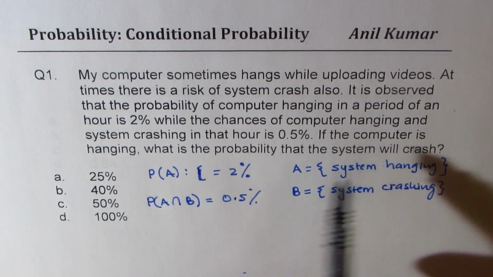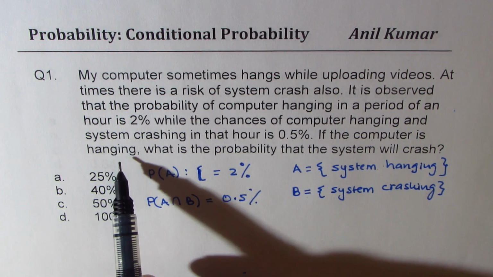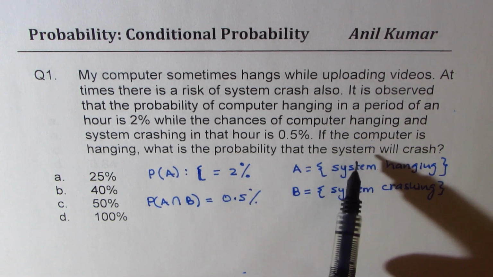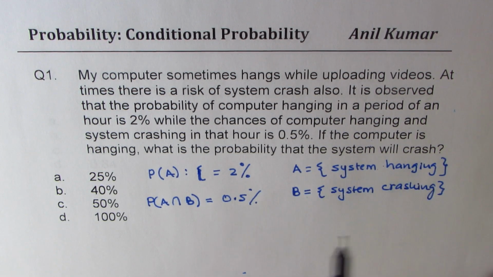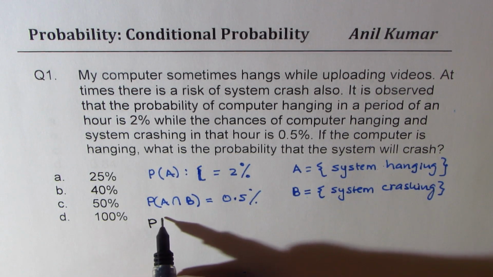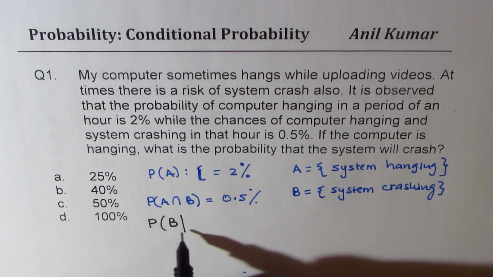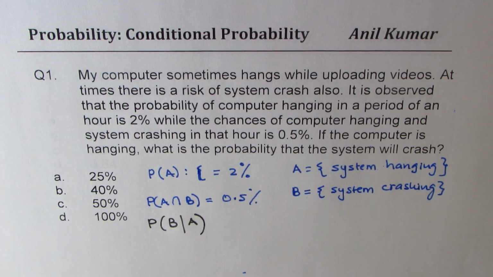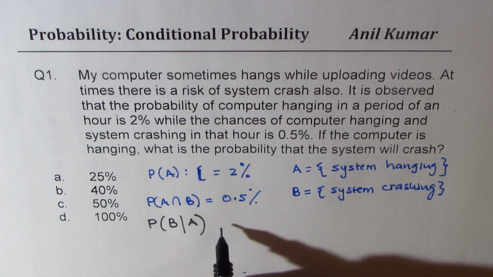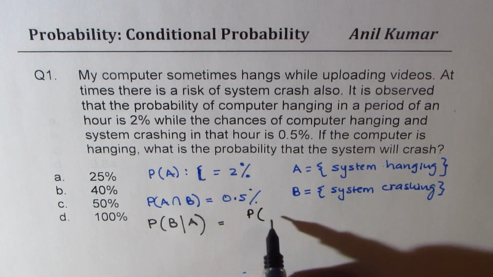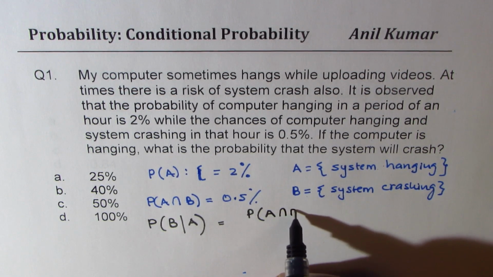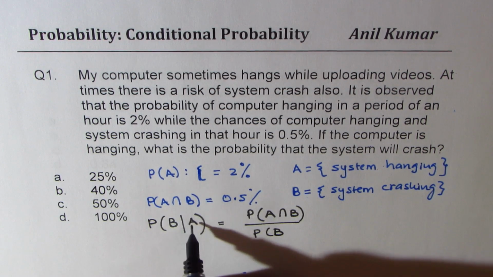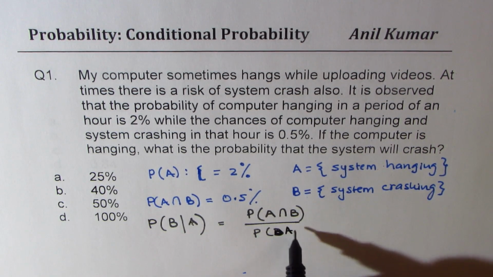Now, if the computer is hanging, that means if A has occurred, what is the probability that the system will crash? Correct? So we want to find the probability of B, that means the system will crash when it is hanging. You understand how, correct? Now this is given as probability of intersection of A and B divided by probability of A, what is there in the denominator, right?